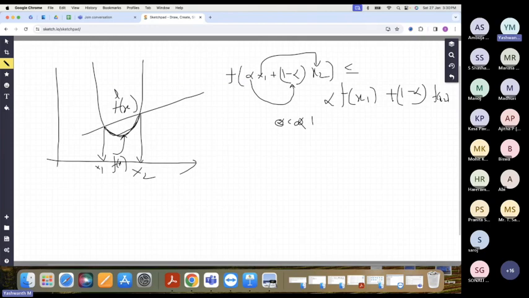If alpha is 0, you are at x2. For all the points between these, your straight line should be above the function. So that's what it is. This is the geometric inequality. This is how we write the math.